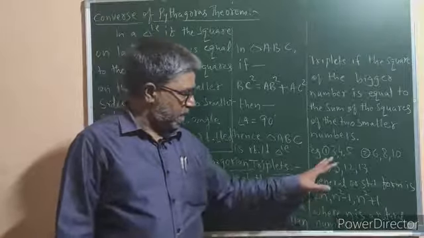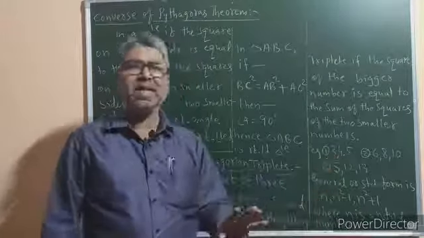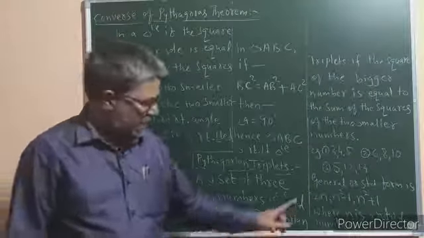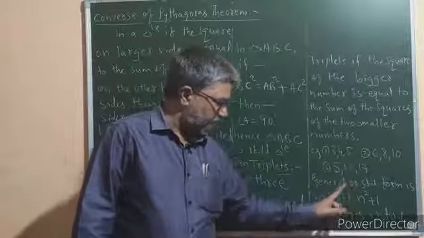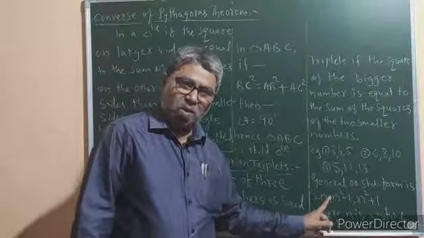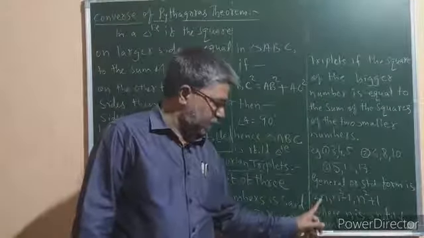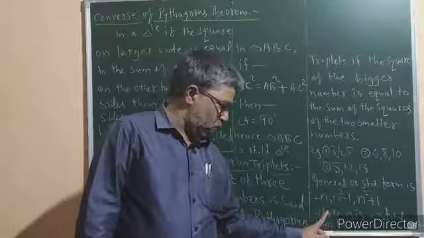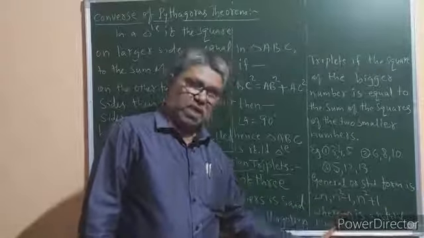Now you can write many Pythagorean triplets if you consider the general or standard form of the Pythagorean triplet, that is 2n, n square minus 1, n square plus 1, where n is a natural number.